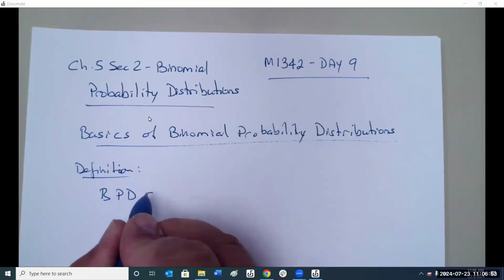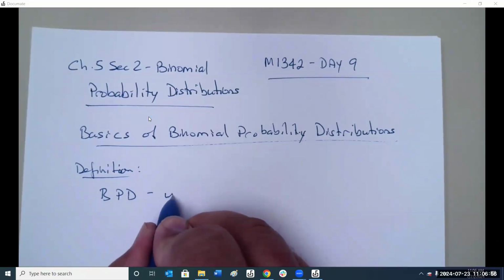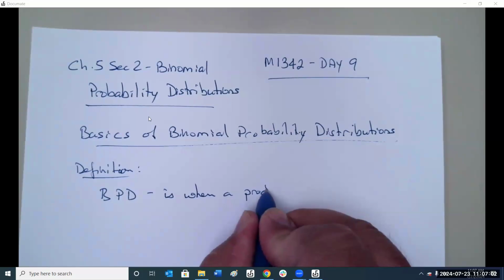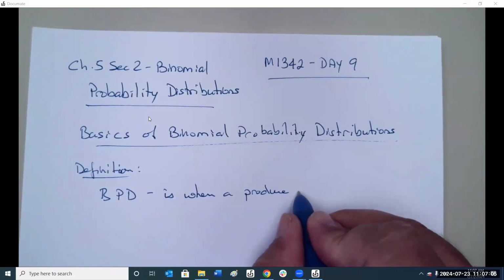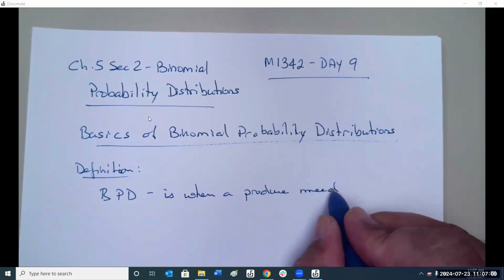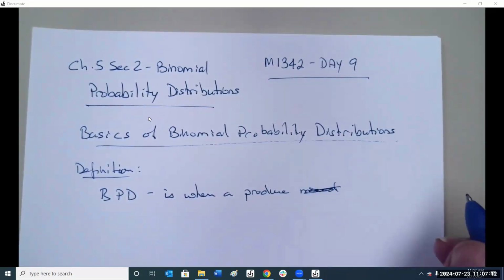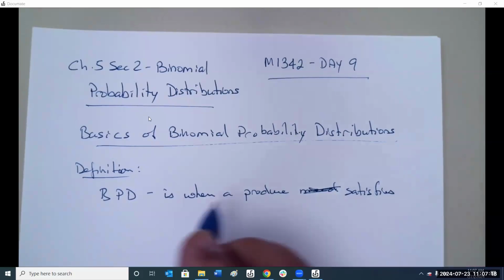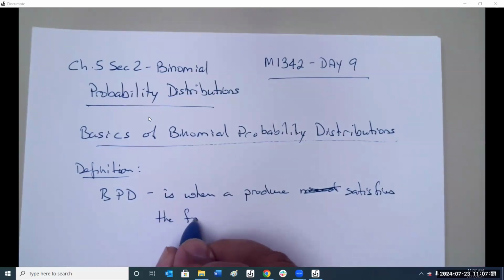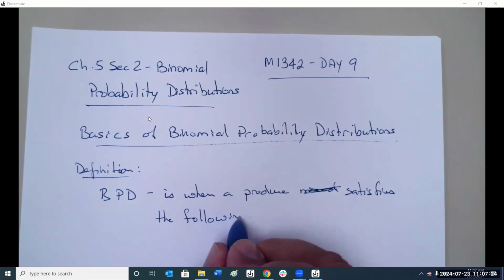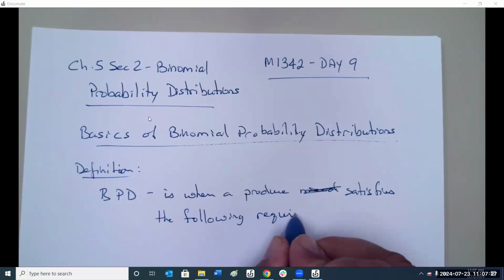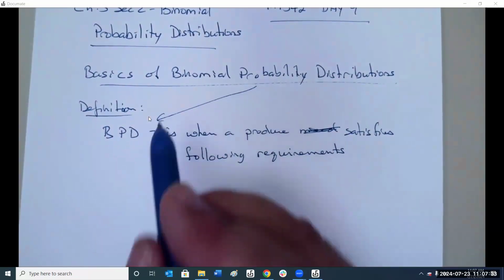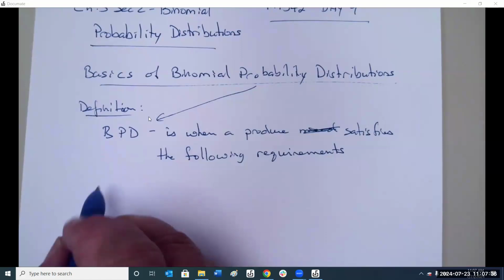A binomial probability distribution is when a procedure meets or satisfies the following requirements.